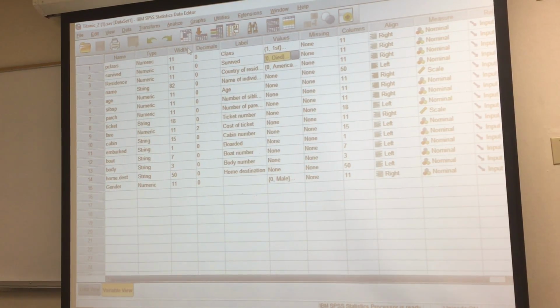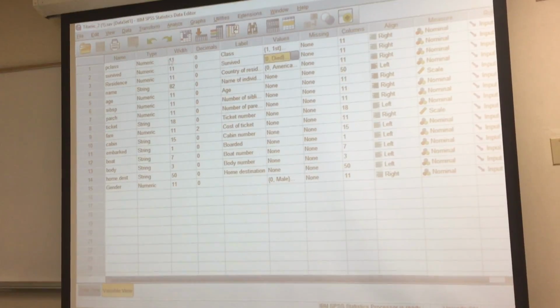With the chi-square test, you can test whether there is an association between two variables if both are categorical variables. So we can know about this data a little bit.